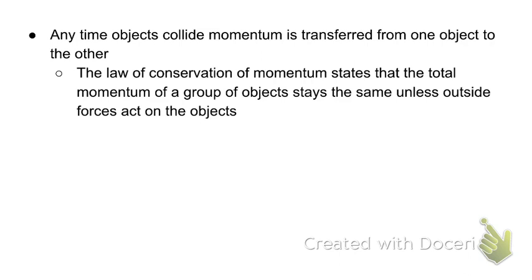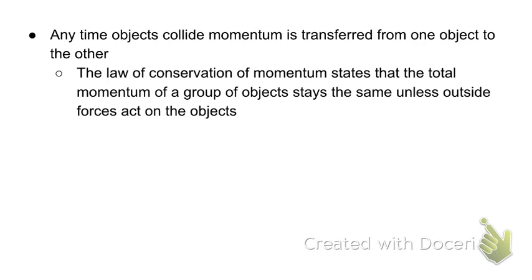So imagine a set of billiard balls. Okay, they're set up for you to start the game, and you hit the cue ball, and the cue ball strikes all of those billiard balls.